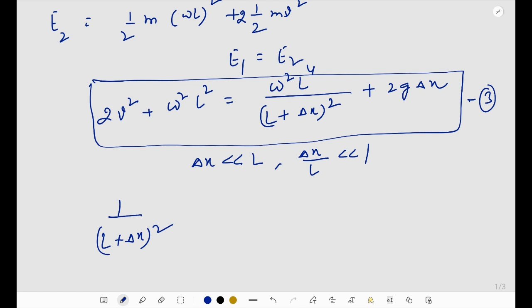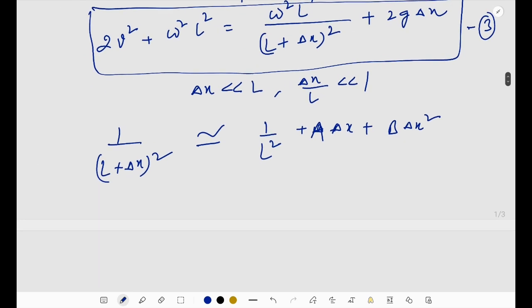So I'm going to expand it in powers of delta x to the quadratic terms, and to do so I'm going to write it like 1 upon L square plus a delta x plus b delta x square. It can be written something like that.